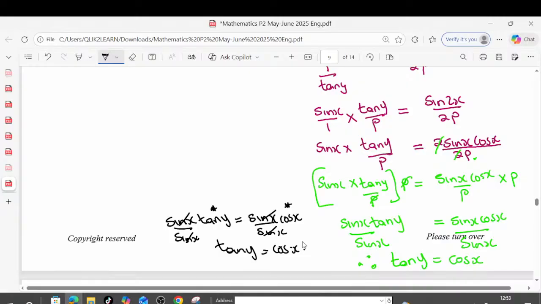Where did the cos x come from? I'm not sure if I'm saying your name right, but please tell me, which grade are you currently doing?